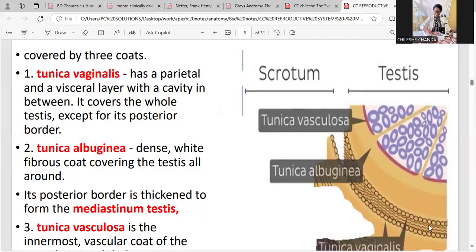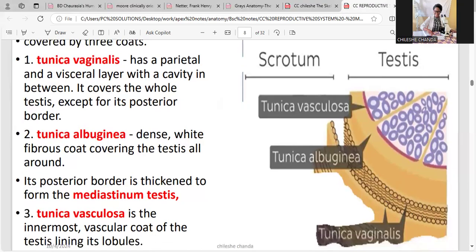So even here we have the parietal layer over here, and then we have the visceral layer that is adherent to the testis. In the middle of these two layers, we have a potential cavity, just like the peritoneum, with a very small amount of fluid just for lubrication. And then in the middle here, we have the tunica albuginea.